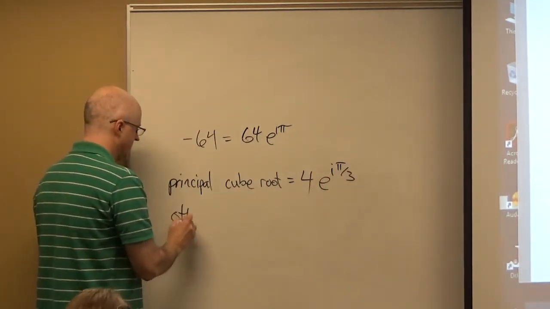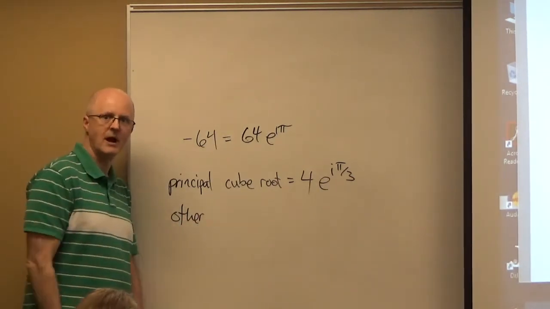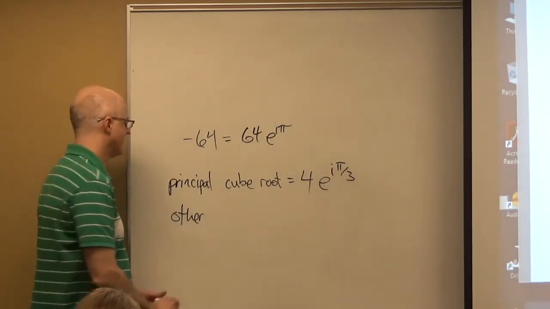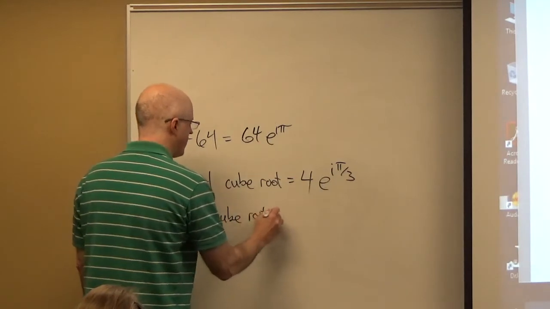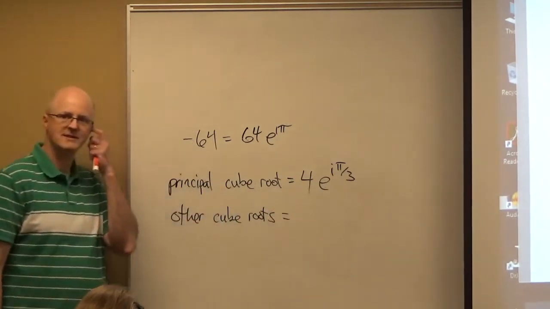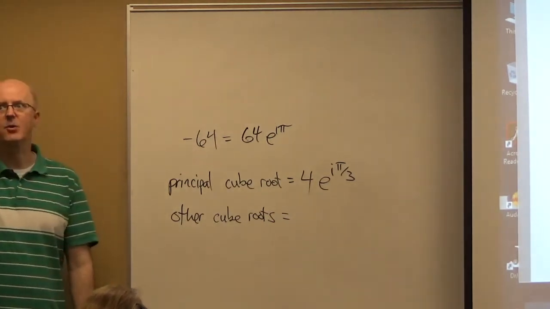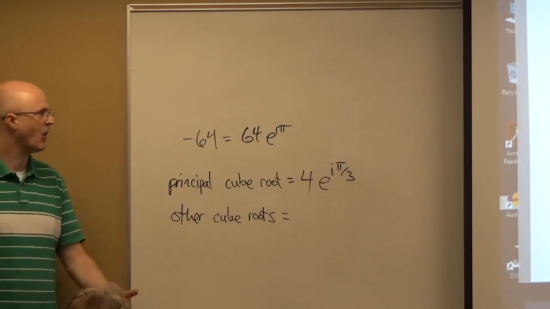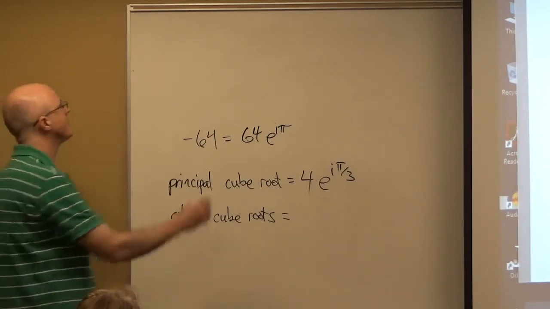The other cube roots, which there's got to be 3 total. Every non-zero complex number has 3 cube roots. There's a formula in the book for these things, but I prefer just thinking about it. The arguments between them have to be equal. They have to form an equilateral triangle centered at the origin.